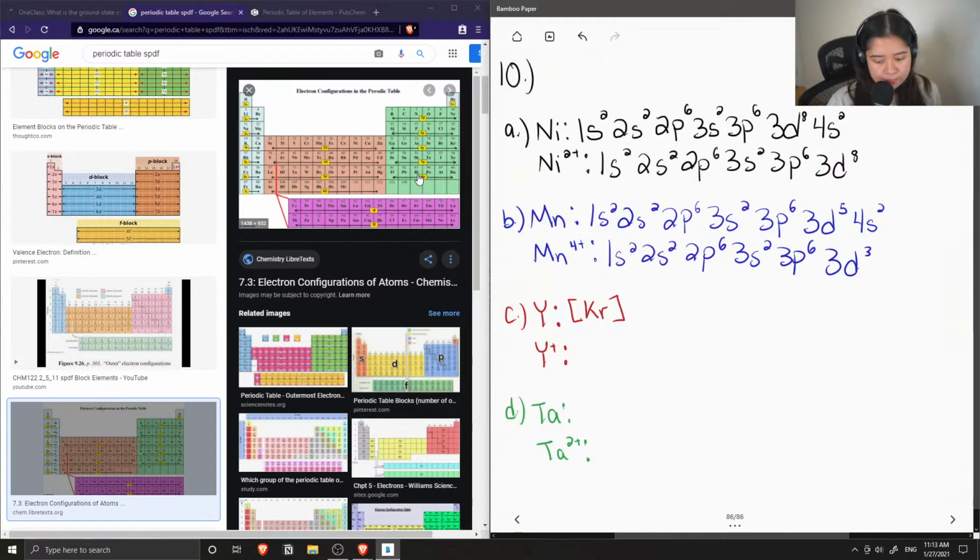So for yttrium, I'm going to write the 5s2 first, and then 4d1. And then when we remove that last electron, it's just 5s2.